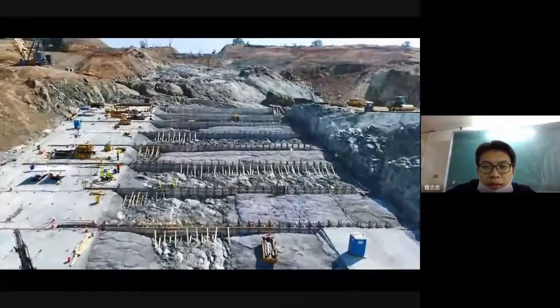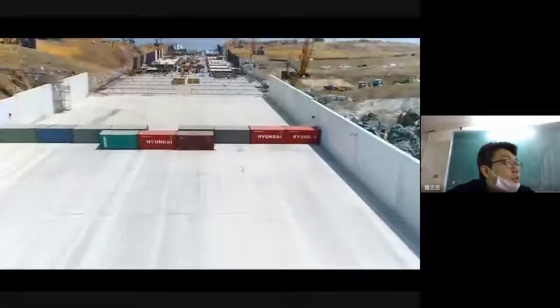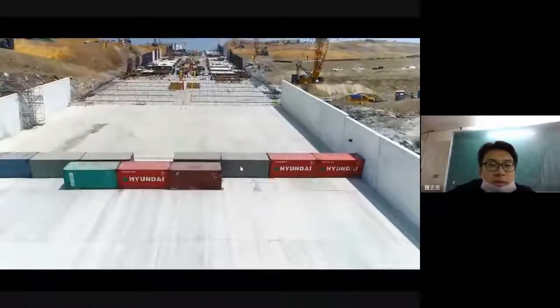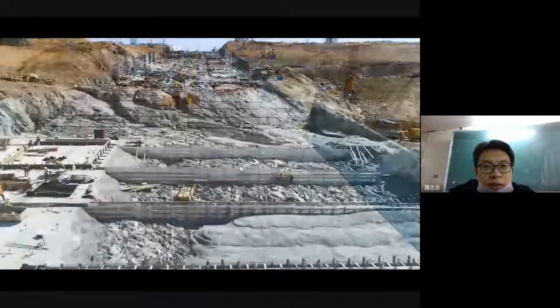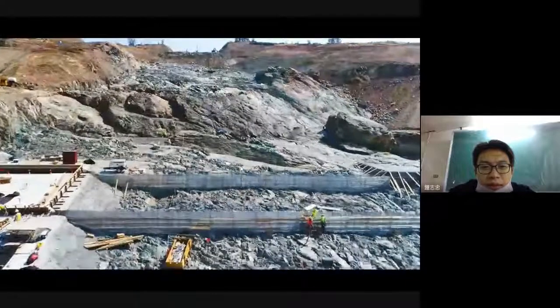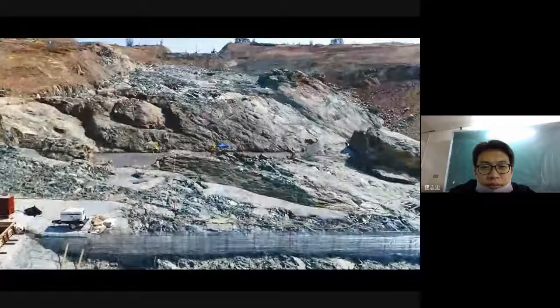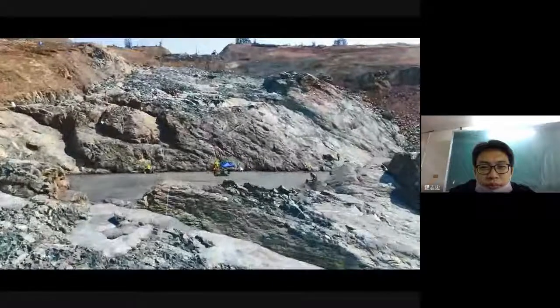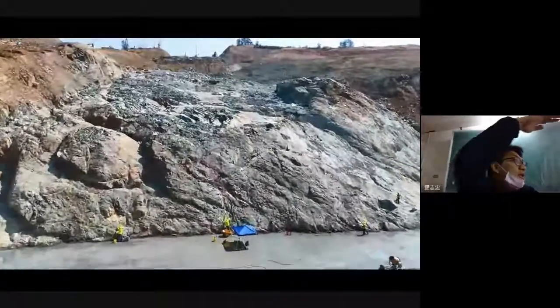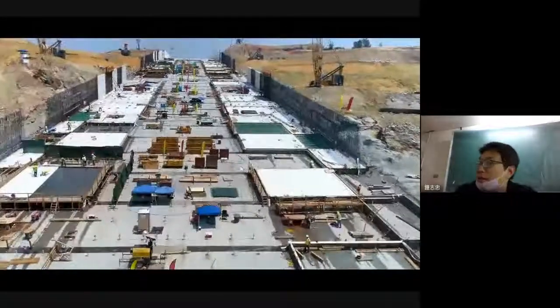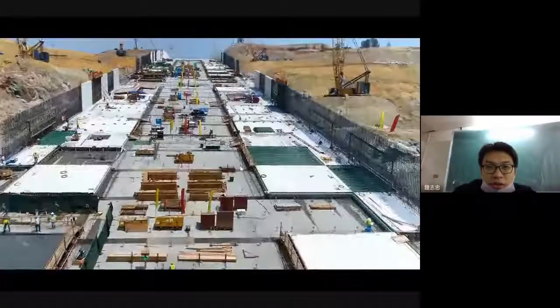The main surface is rock, so they are trying to rebuild the surface concrete again. And this is using a drone, a UAV, to take this kind of picture during the construction.